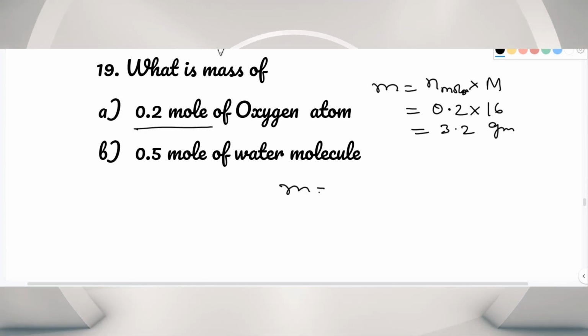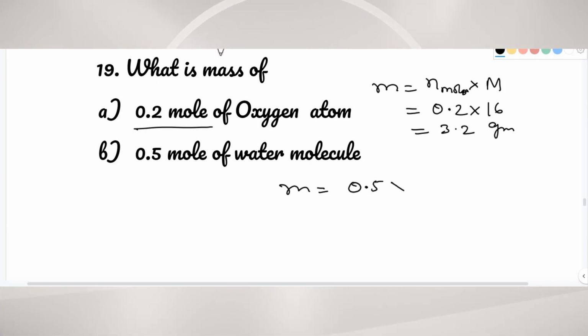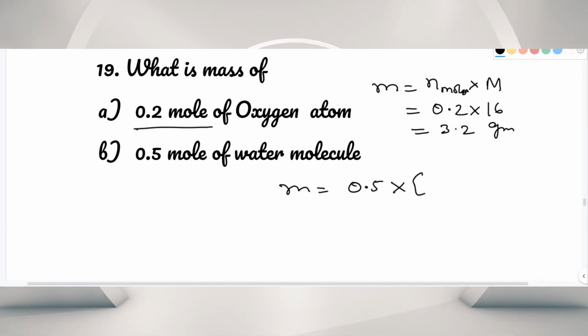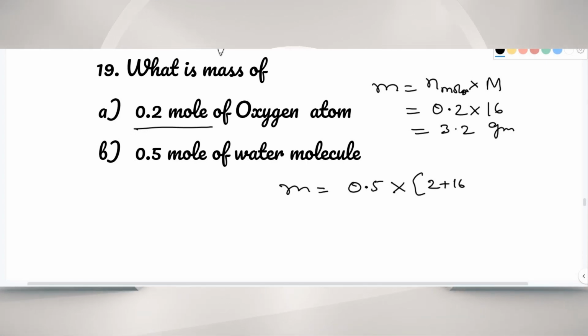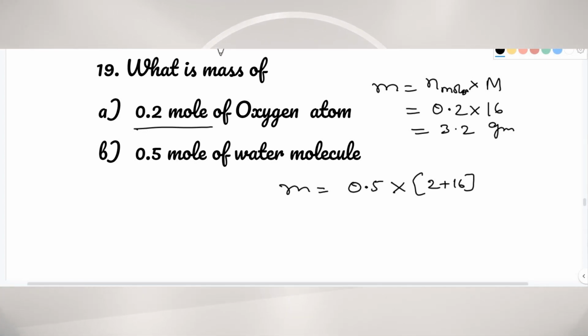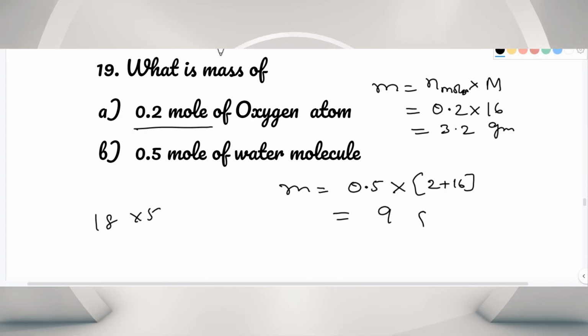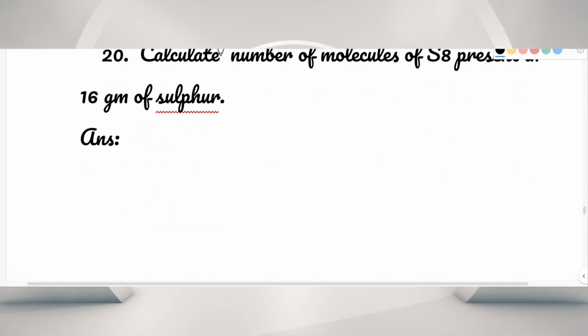Here mass is 0.5 into water, means what? 2 times 1 plus H2O. O is single. So 18. Okay. So 18 times 0.5, so 50 plus 40, 90. So 9 grams. Okay. Next, 20th question.